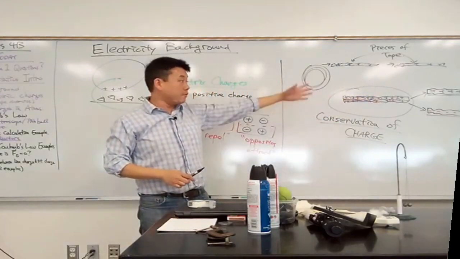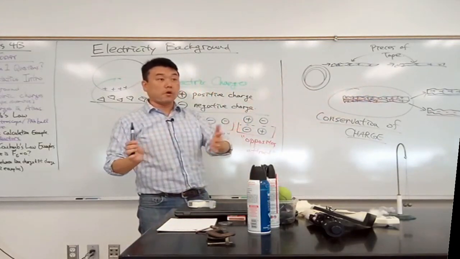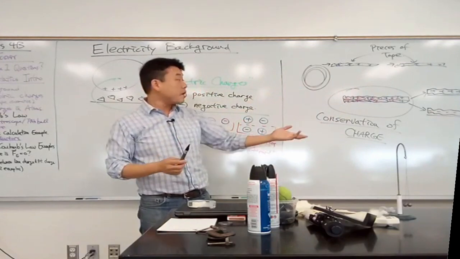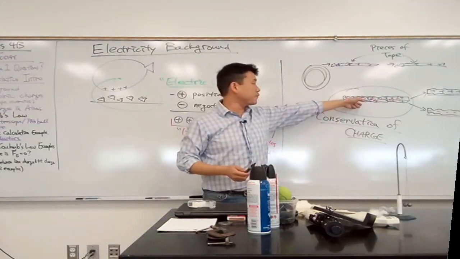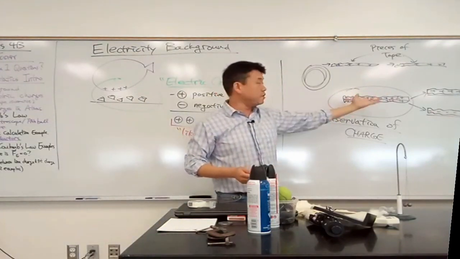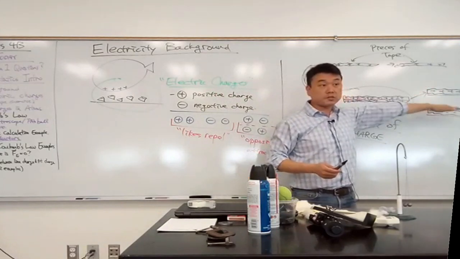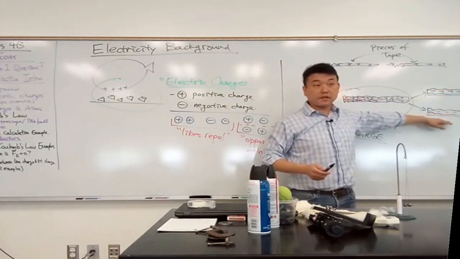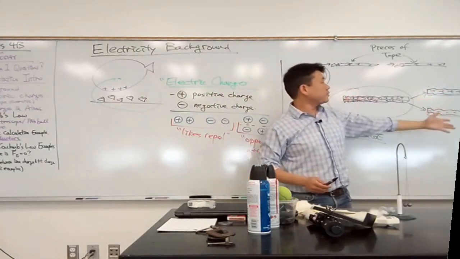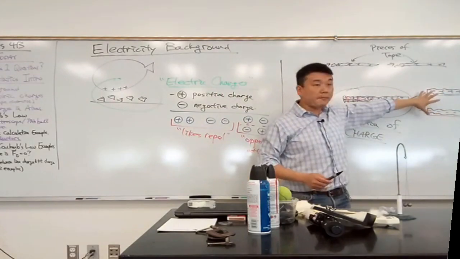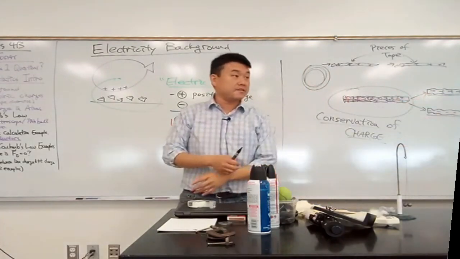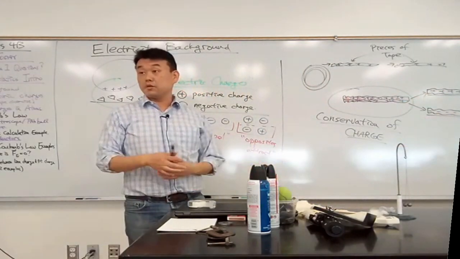So whatever charge there is, the net charge will always remain the same. You can transfer some negative charge from one object to the other so that it results in separation of charges, positive and negative, and you can see them interacting. But when you look at the total amount of charge, negative charges cannot simply disappear, and the same thing with the positive charge.